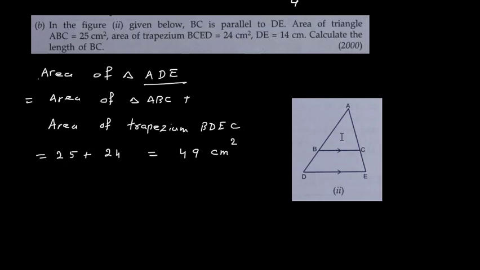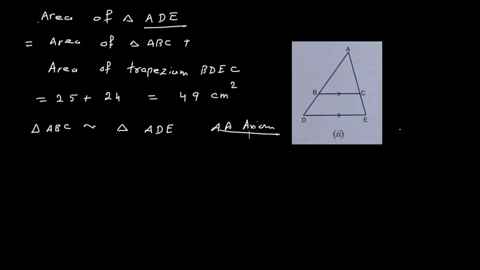Now again, as BC is parallel to DE, we can prove that triangle ABC is similar to triangle ADE. This I will leave to you, you have to prove it. After proving these two triangles are similar, we can find the area ratio.